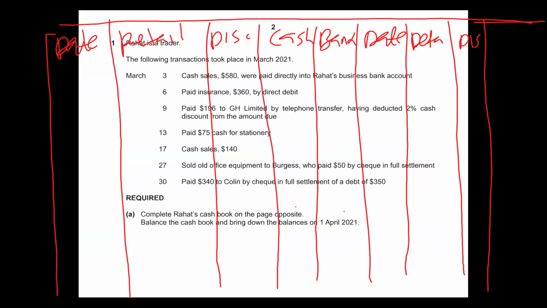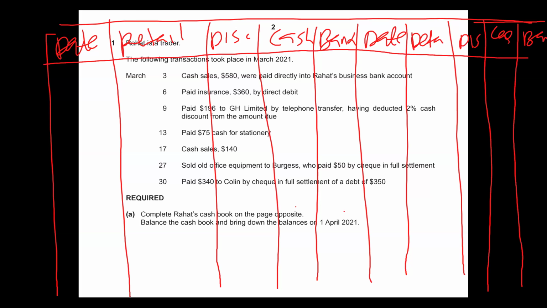Discount, cash, and the last column, bank. Have you seen how it is? So it starts with date, details, discount allowed, and cash received column, bank column, like that.